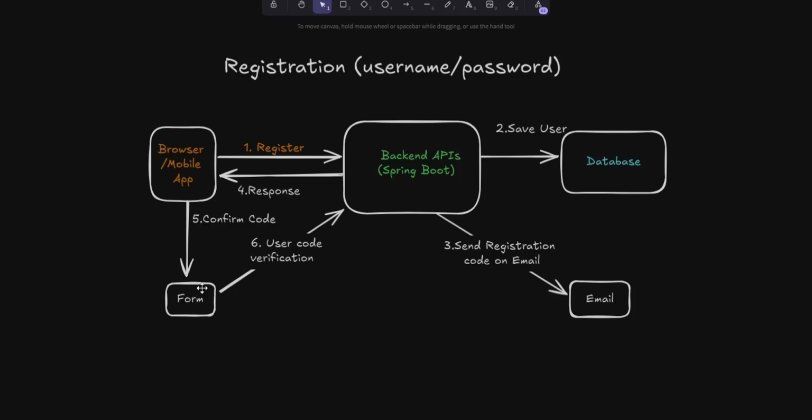Once the user picks the code from the email and fills it in the form, we send the request to the backend API to verify the code. Once that code is verified, we'll update the user in the database and then send the response back to the browser that the registration is successful. So this is how the registration flow will work.